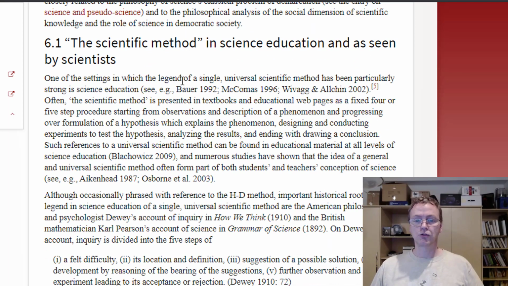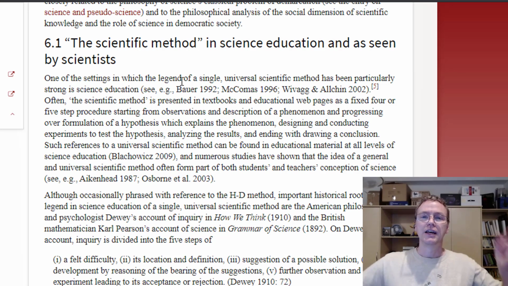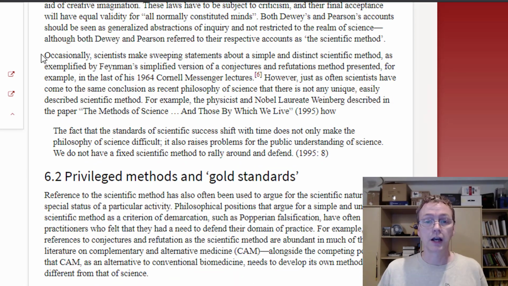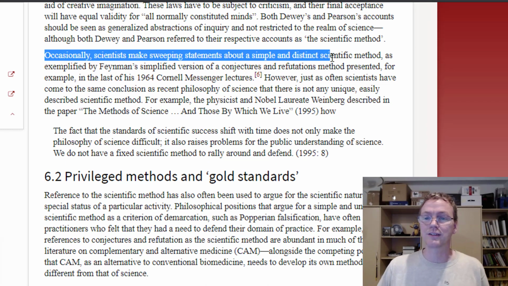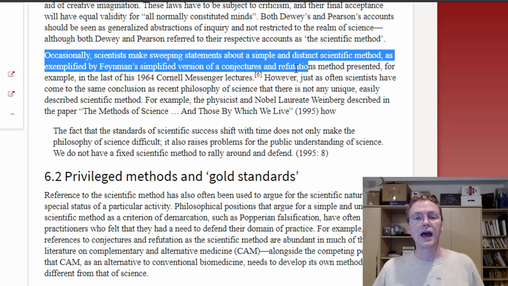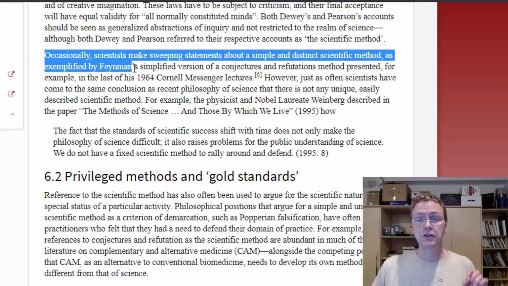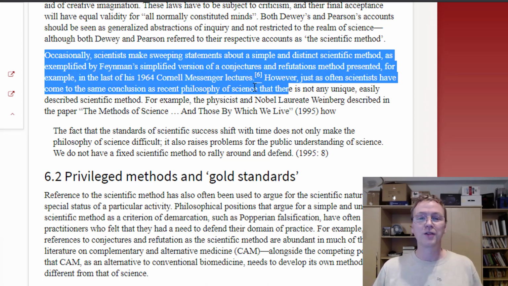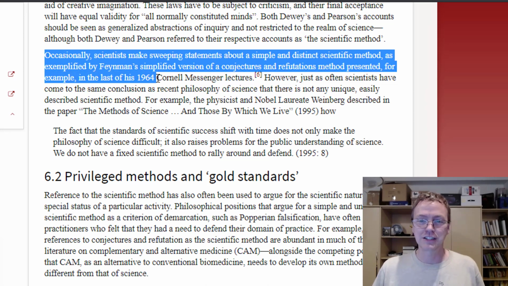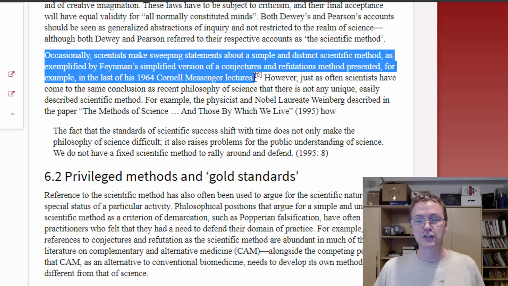This is suggested reading for everyone who wants to engage in the debate of, is this the scientific method or is it not? Occasionally, scientists make sweeping statements about a simple and distinct scientific method, as exemplified by Feynman's simplified version of conjectures and refutations method presented, for example, in the last of his 1964 Cornell Messenger lectures.